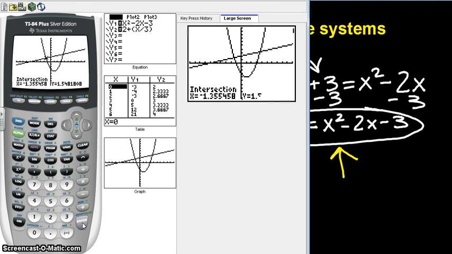And then press Enter. And it did find me my point of intersection. So the first place that my parabola and my line meet is at x equals negative 1.36, going to the hundredths, and y equals 1.55. So that's a point.